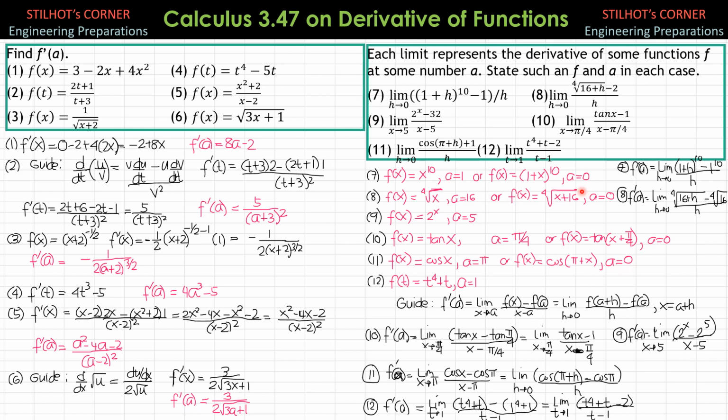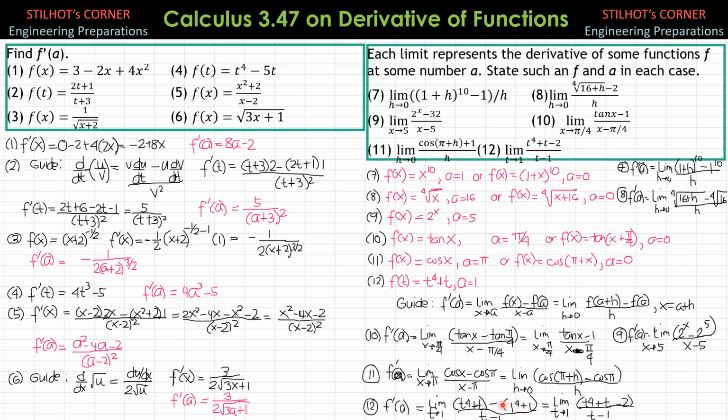Finally, number 12, limit of t to the fourth plus t minus 2 over t minus 1 as t approaches 1. So a is 1. A is 1, definitely. Then the function is predicted to be t to the fourth plus t. So if we check the limit as t approaches 1 of f of t minus f of a, f of 1, which is 1 to the fourth plus 1.